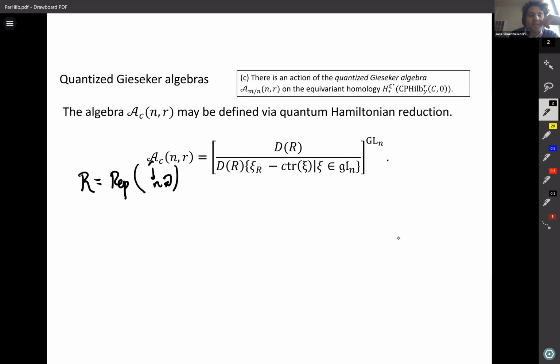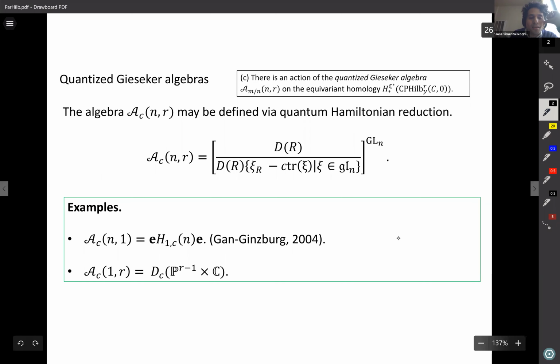For example, going back to the classical examples I had on my previous slide, when R is equal to 1, what I have is a spherical rational theoretic algebra. This is absolutely not obvious. It's a theorem of Gan and Ginzburg from 16 years ago.